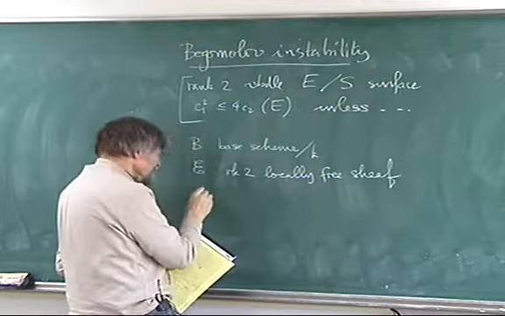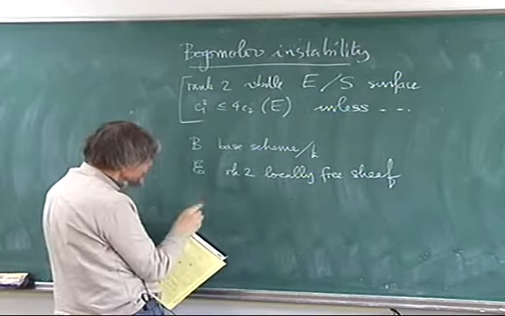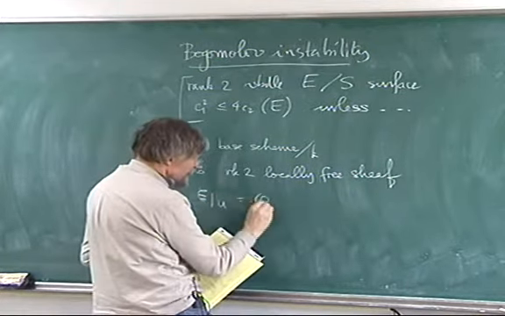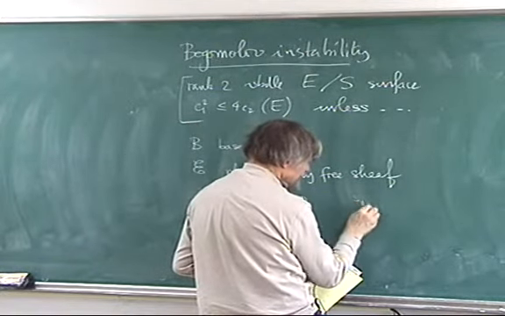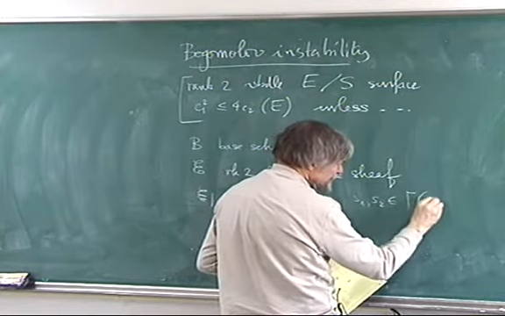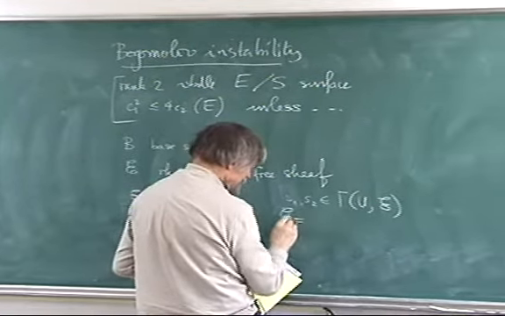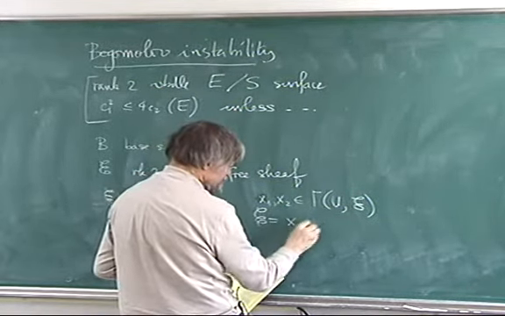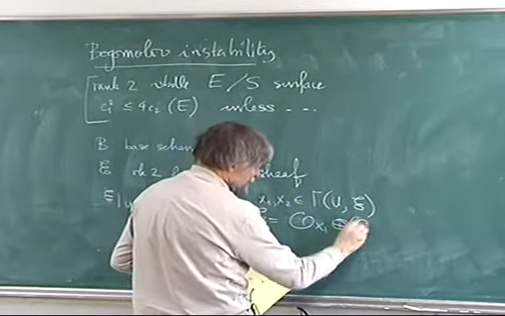Locally free means that if I take a suitable open neighbourhood U of any point of B, then E restricted to U is O plus O. This means that I can find sections x1, x2 over U of the sheaf E, so that E is O x1 direct sum O x2.